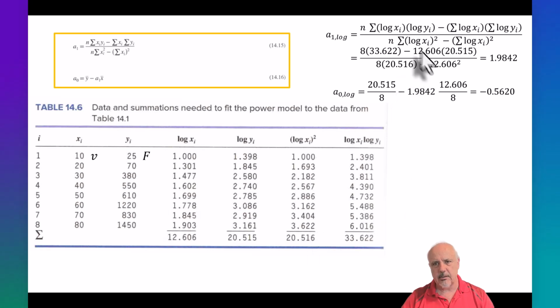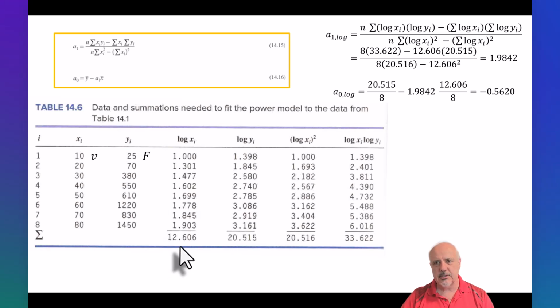Yeah, that's the correct thing. Log of xi squared, sum that, yep, it's going to be 20.516. And then I'm going to subtract off the sum of log of xi, that quantity squared.